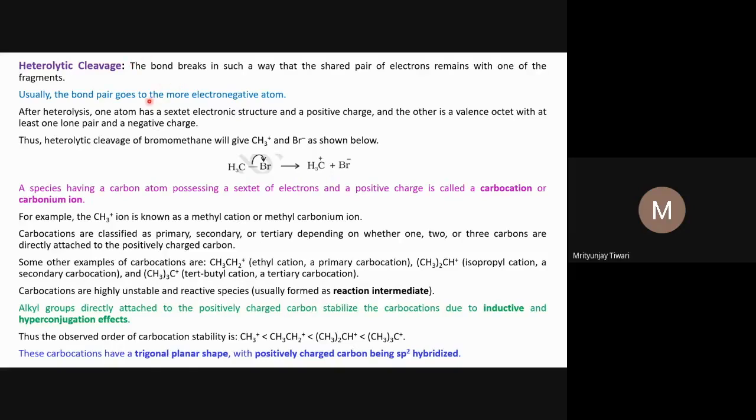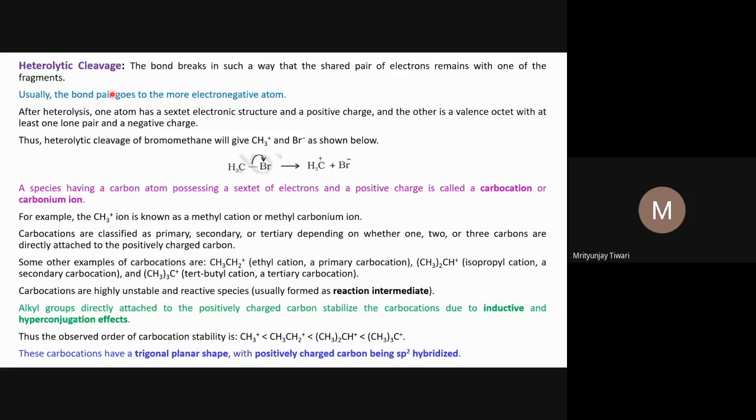Usually the bond pair goes to the more electronegative atom. This is a very important point. Why does the bond pair go to one atom and not to another? This happens because of the electronegativity difference between the covalently bonded atoms.